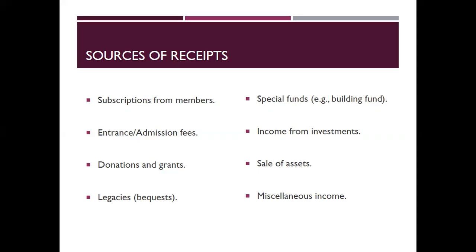But at the same time, we can't shy away from the fact that organizations should solicit for funds outside. So the soliciting for funds outside comes in as a form of what? Donation.